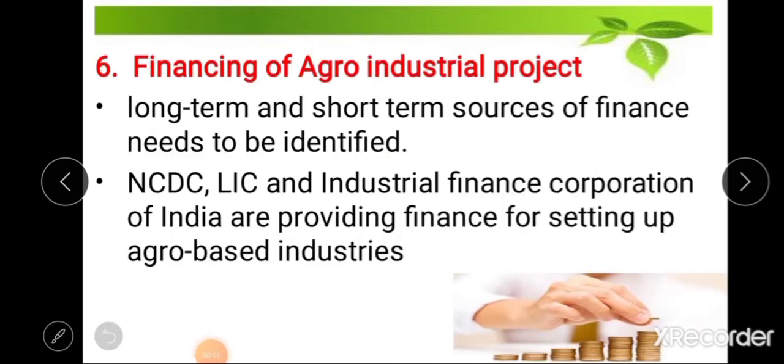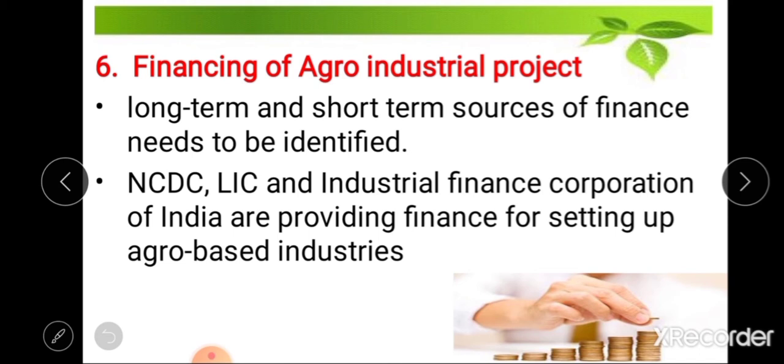Step 6, that is financing of the agro-industrial project. So long term and short term sources of finance need to be identified. As in the previous course we studied the short term loan and long term loan. So long term loan means the loan which can be repaid over a period of more than 20 years.